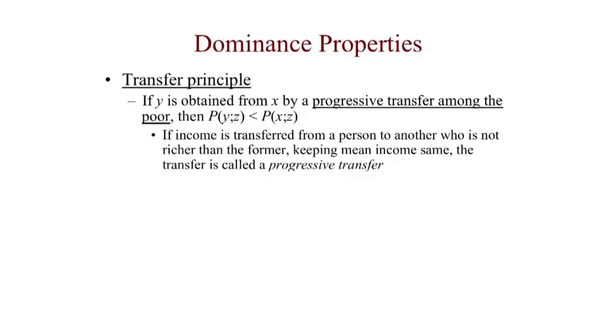The second dominance property that has been used, and is due to Professor Amartya Sen in 1976, is called the transfer principle. The main idea is that even when you are conducting poverty analysis, how the distribution among the poor matters. So, if you have a situation where you have, say, two groups of poor people, one who are just marginally poor, just below the poverty line, and another group of people who are really heavily poor.